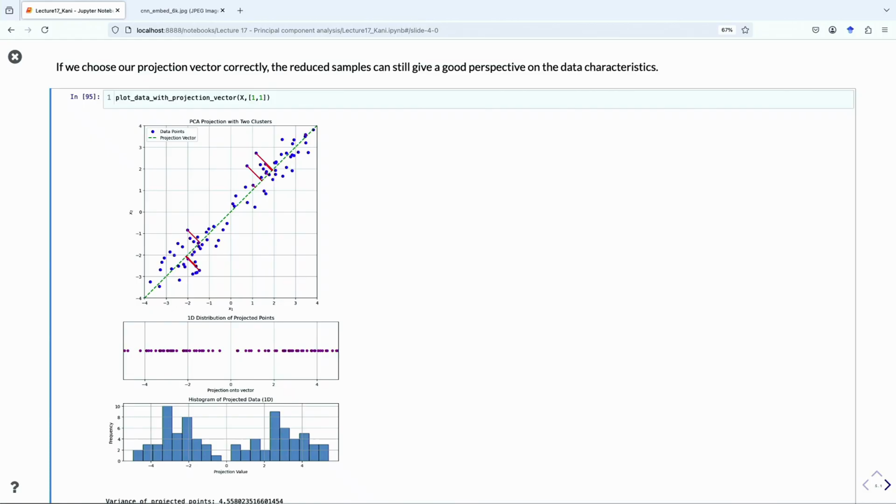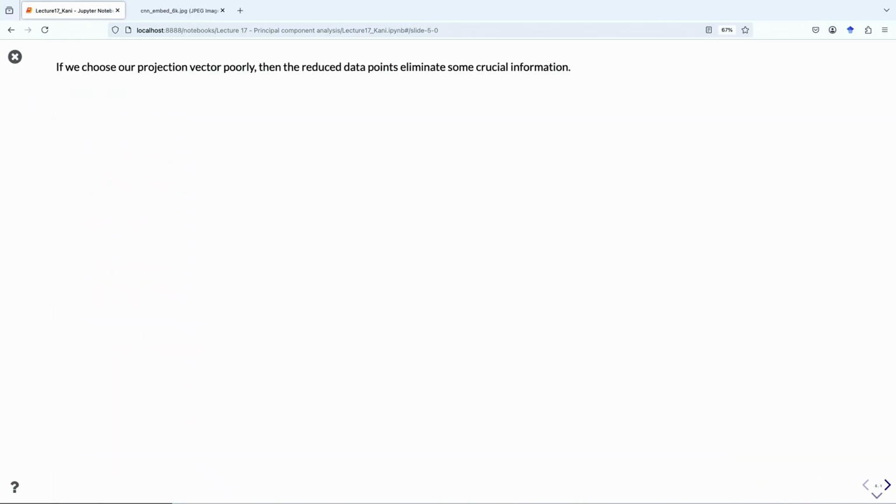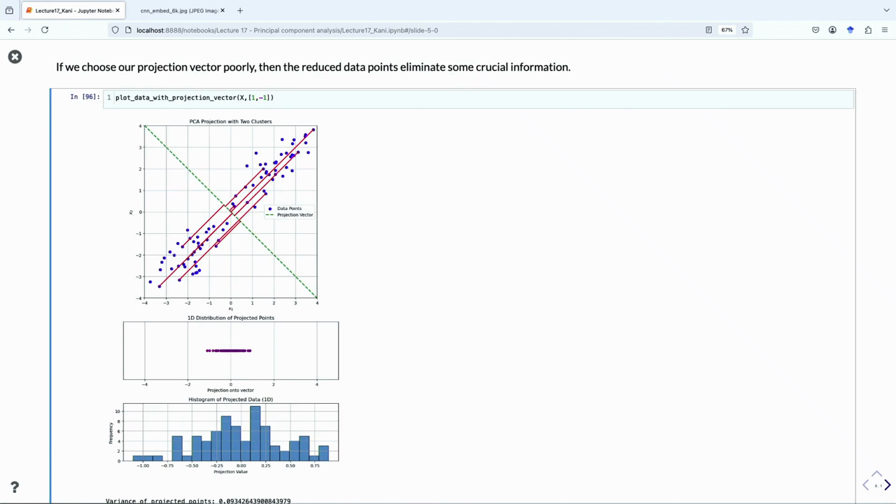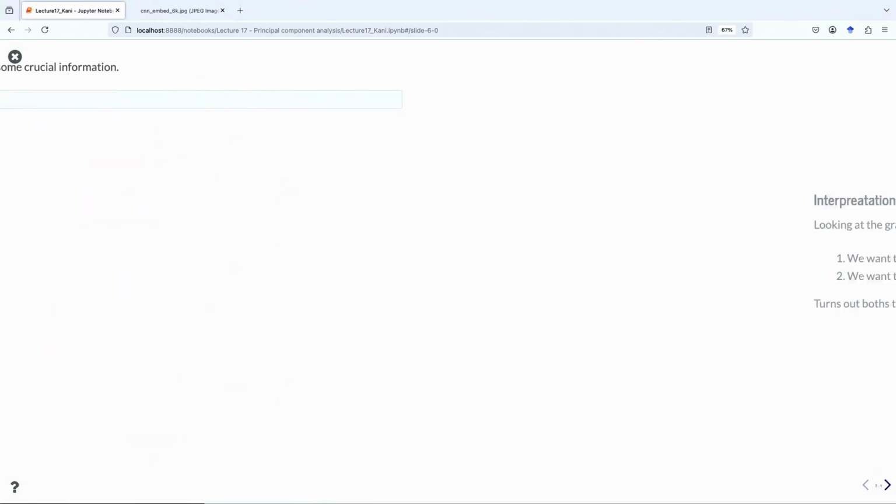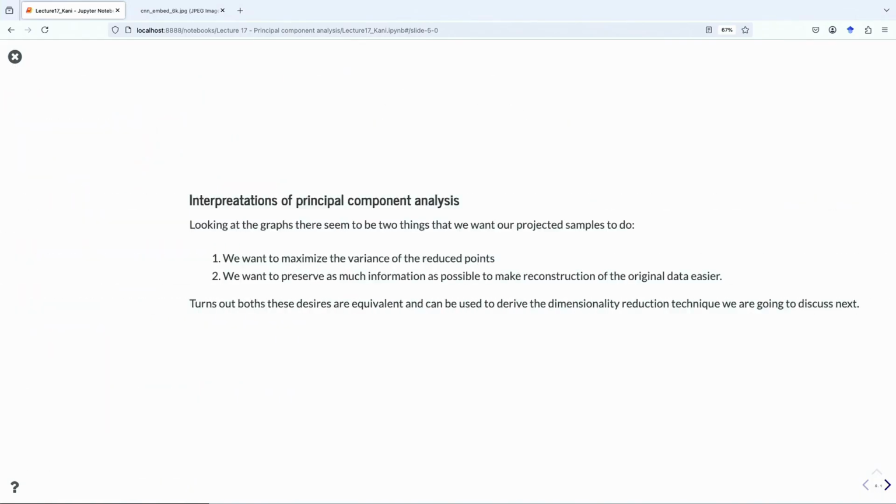Now the question is, how do we do that? I mean, besides looking at the data, because it would take us millennia to look at all the data sets and try to come up with the vectors that allow us to reduce the dimensionality of any given data set. So the question is, how do we do that?